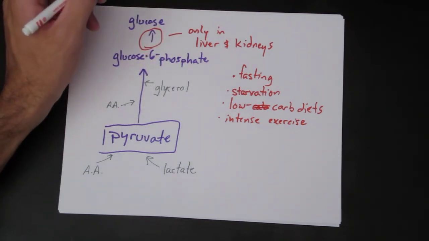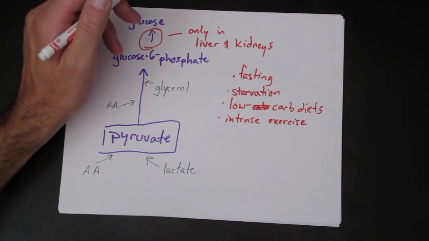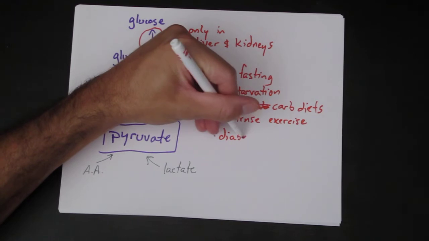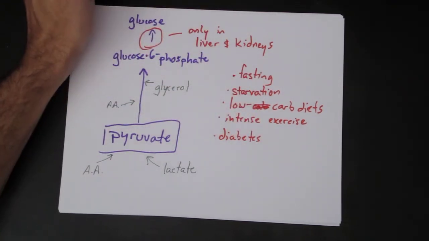We can also see this strangely during high blood glucose episodes in diabetics. High blood glucose seems a little bit counterintuitive, but what's happening in a diabetic who has high blood glucose is there's no insulin present to bring that glucose into the cell.